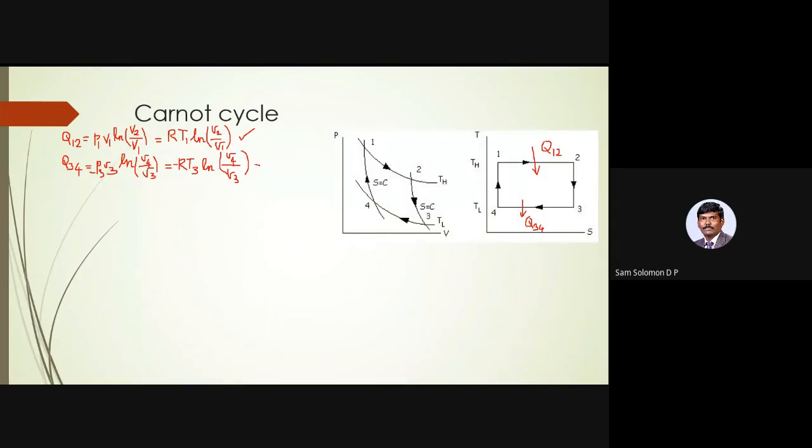So to compensate for the minus, if I take the minus inside the logarithmic term, then I can write this as RT3 ln of V3 by V4. Okay, this is what we failed to do yesterday, and that is why we were not able to conclude the answer.